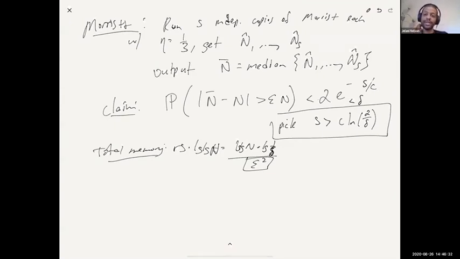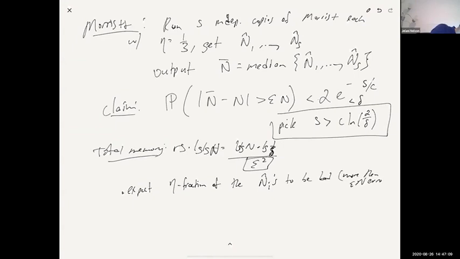The reason is, remember, we're outputting the median. Now, the median will be a bad estimate if more than half the estimates are bad. If at least half the estimates are good, then the median will be good. But how many estimates do we expect to be bad? We expect an eta fraction of the n hat i's to be bad, meaning more than epsilon n error.